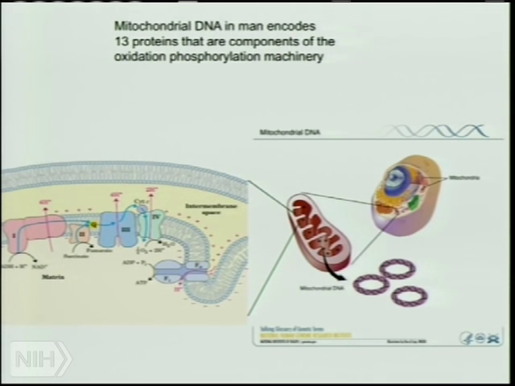So this is a very interesting and complex evolutionary, coevolutionary relationship between the mitochondrial DNA and the nuclear DNA, and also a translational and an expression relationship between the nuclear genes and the mitochondrial genes.